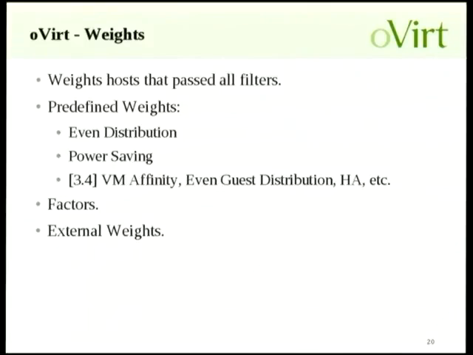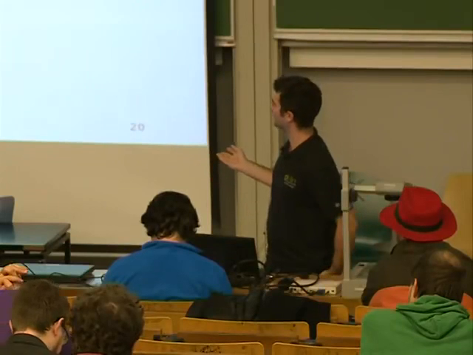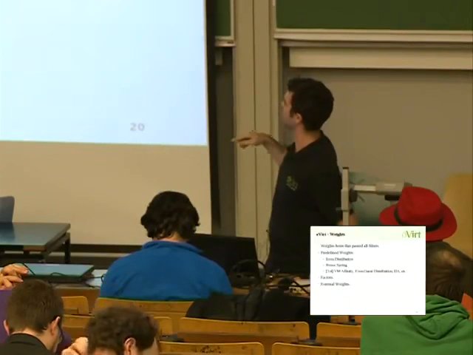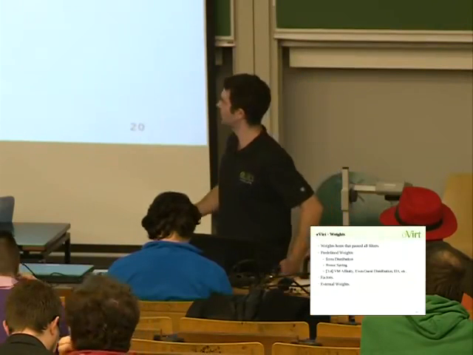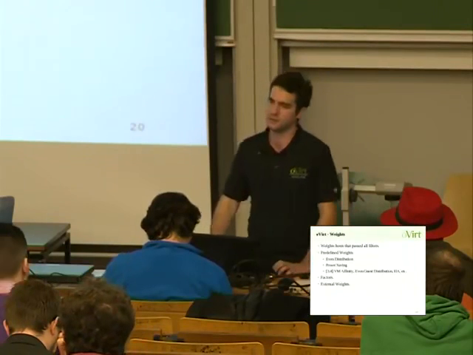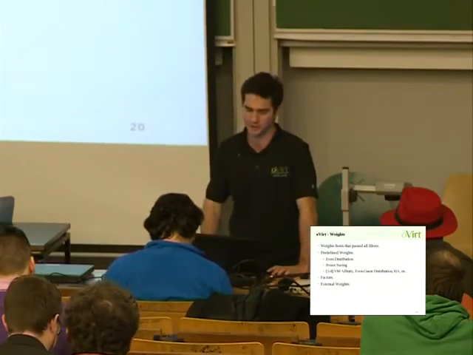Let's talk about the weights. It weights all the hosts that pass through the filters. We have the predefined weights, the first two are CPU load, and then in 3.4 we added a lot more weight models, which is kind of easy now to add because we have the new architecture.